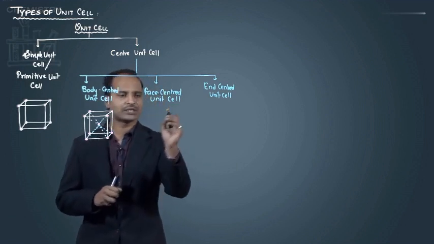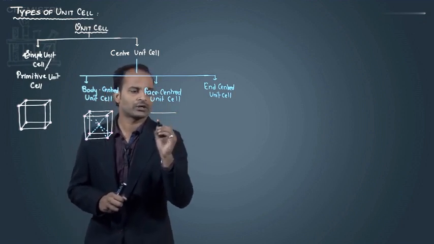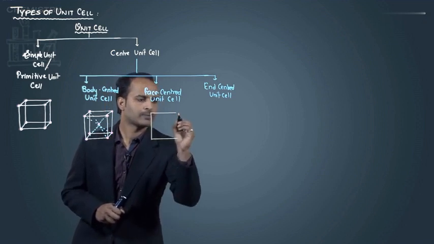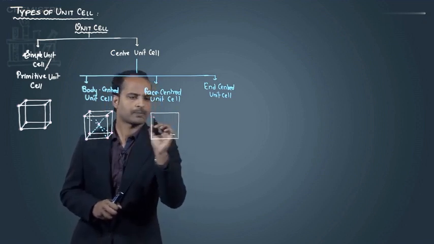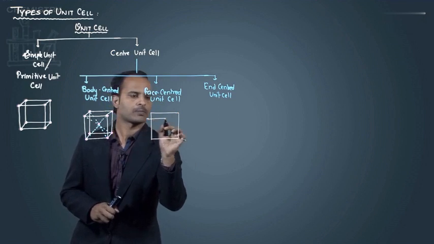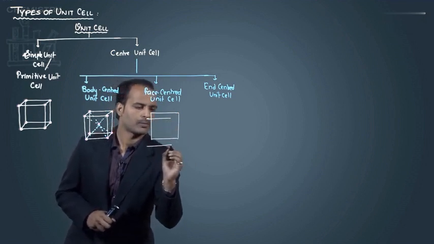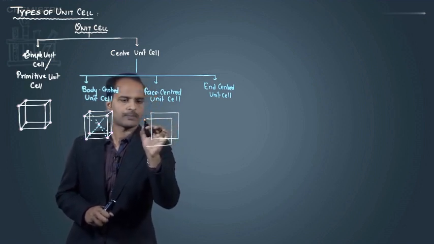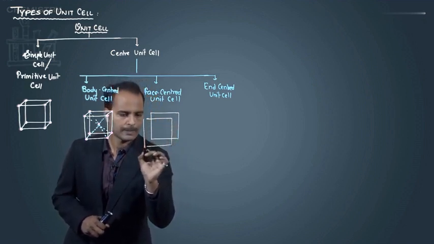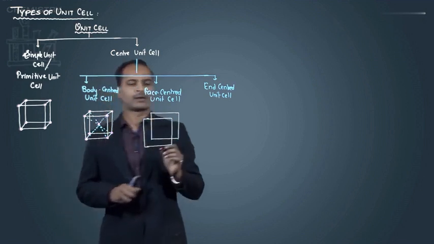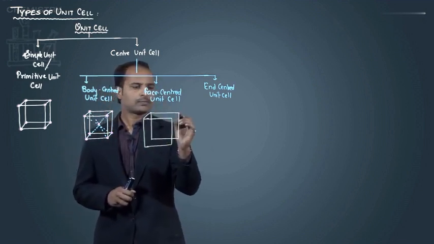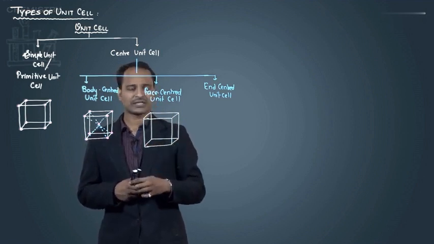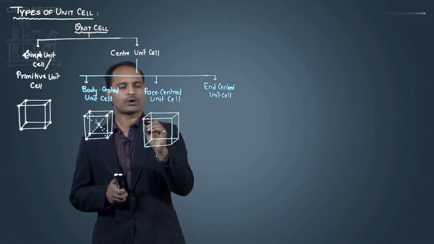The face centered unit cell is the one where the particles are present on the corners.